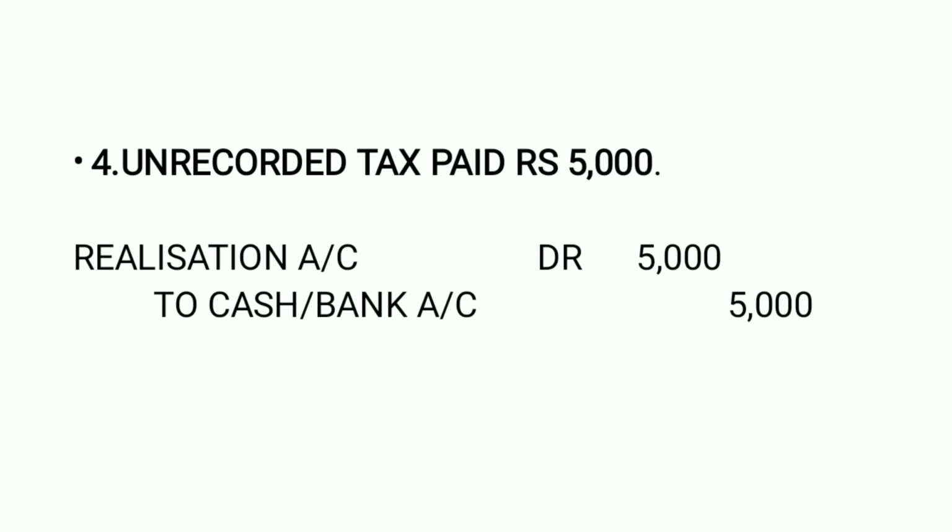This type of transaction we have solved in question 5 even, and also in the journal entries that we were understanding. The journal entries related to the preparation of realization account. The journal entry for payment of an unrecorded liability. Which is the unrecorded liability here?